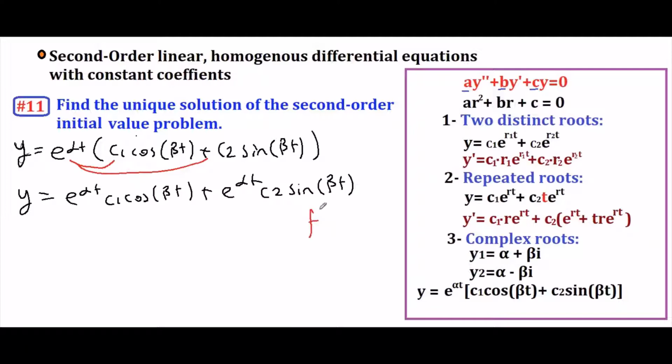The product rule says f prime times g plus f times g prime. In our case, our f is e to the alpha t and our g is cosine of beta t from the first term. In the second term, e to the alpha t is our f, sine of beta t is our g.